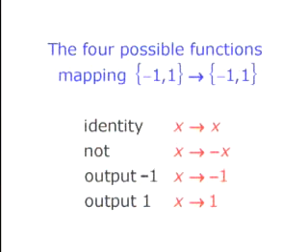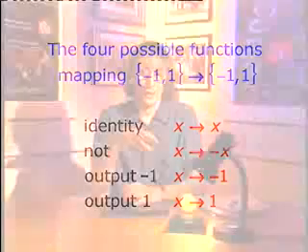Now, there are only 4 functions that map a single bit to a single bit: the identity, the NOT operation, or delivering a constant output -1 or 1. Internally, the oracle may be computing something arbitrarily complex, or rather one of two arbitrarily complex things, depending on the input.